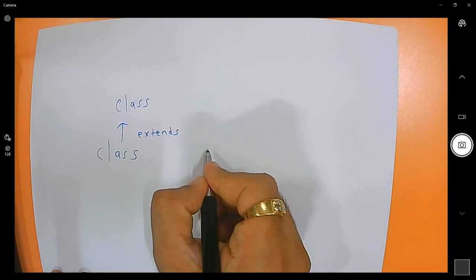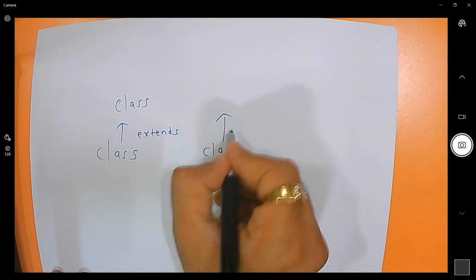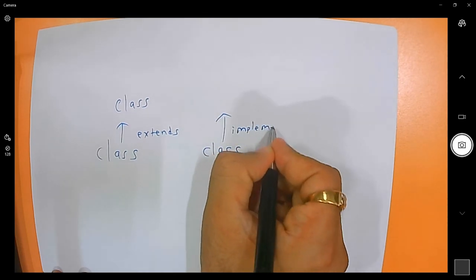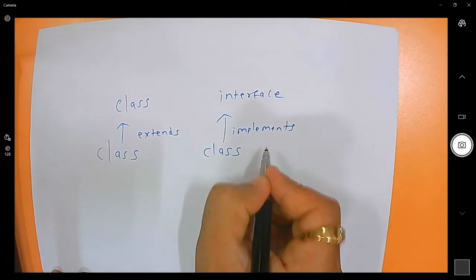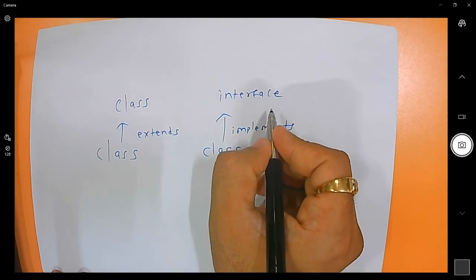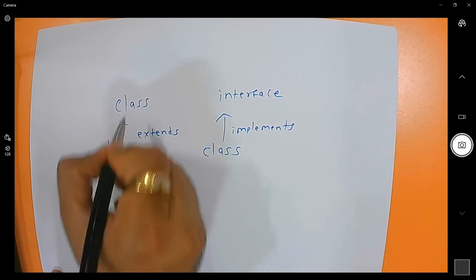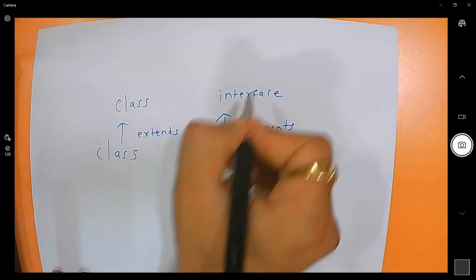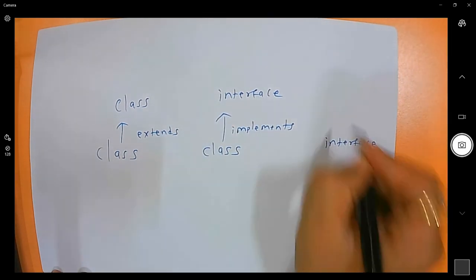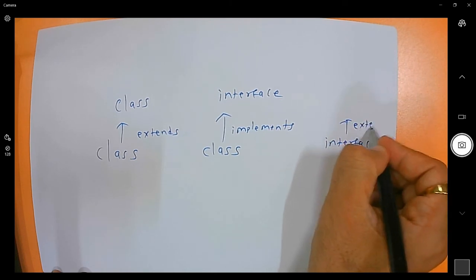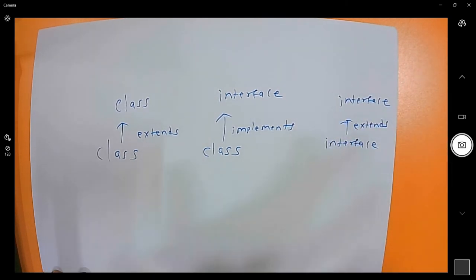Suppose you want to implement multiple interfaces, then you can say a class can implement interfaces. So multiple interfaces you can implement, and here you can write them comma-separated. Here you cannot write comma-separated. So you can say a class extends from another class, a class can implement an interface, and an interface also extends from another interface. So this is the possibility.